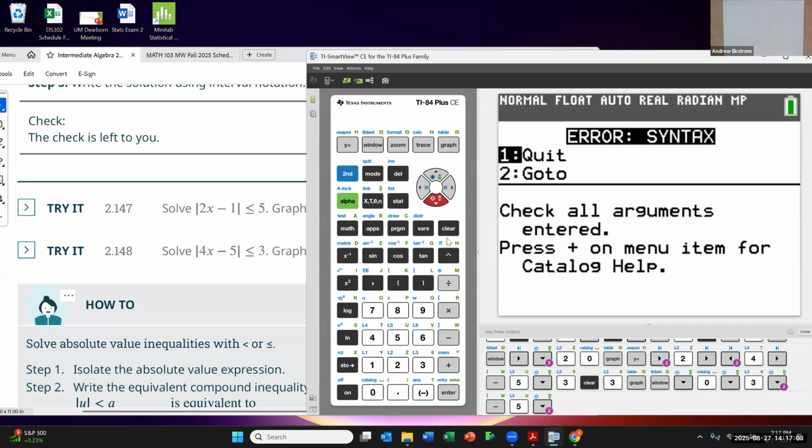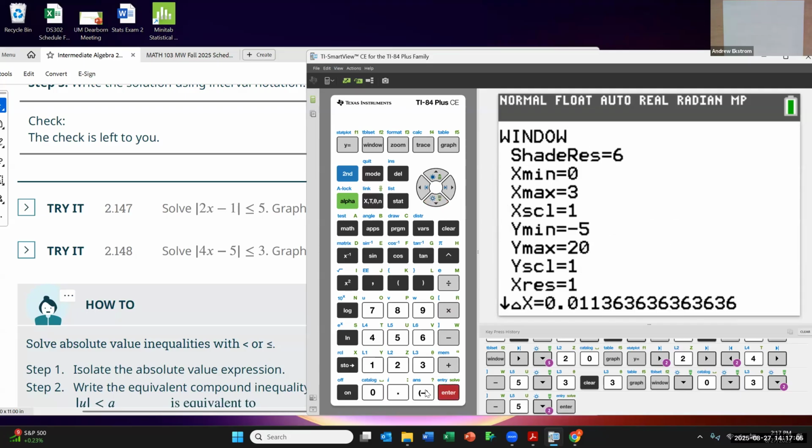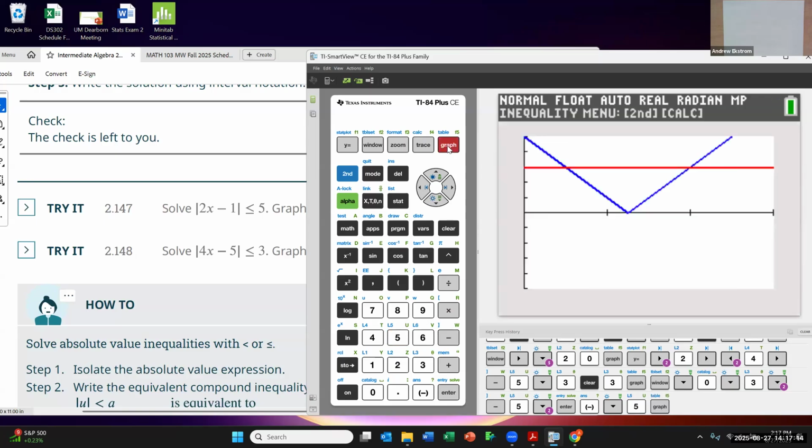Oops, I have to put negate 5 to, let's say, +5. Now that I've got it really zoomed in, does it make it a whole lot easier to figure out where that line is?